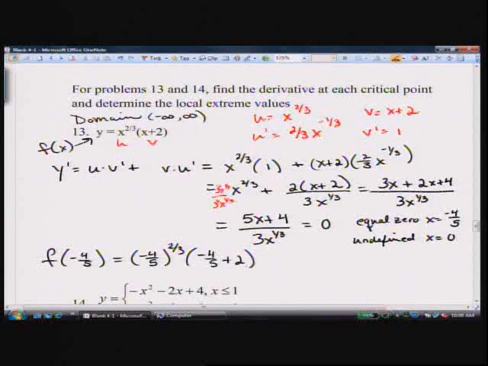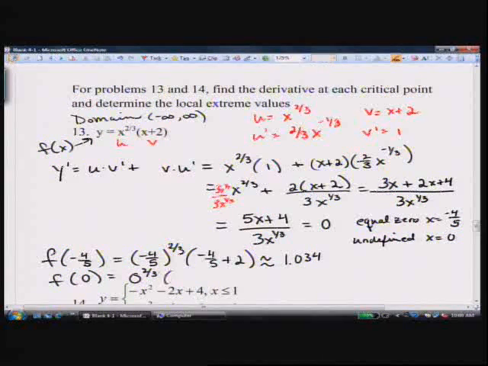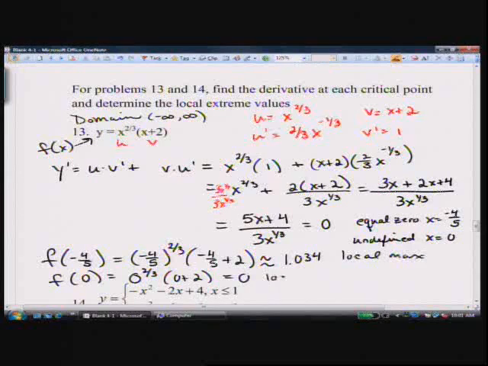And if you type that into your calculator, you should get about 1.034. And if you do f at 0, clearly you're just going to get 0. And so this one will be the local max, and this will be the local min. Since my interval's not closed, I can't say whether it's absolute or not.